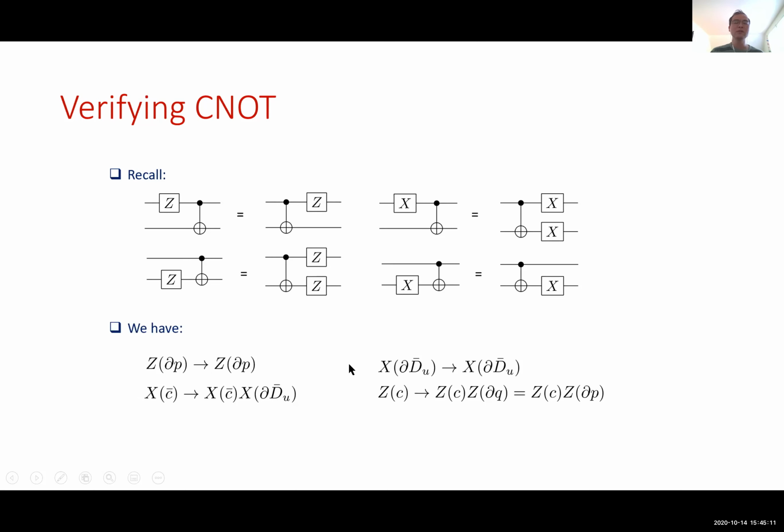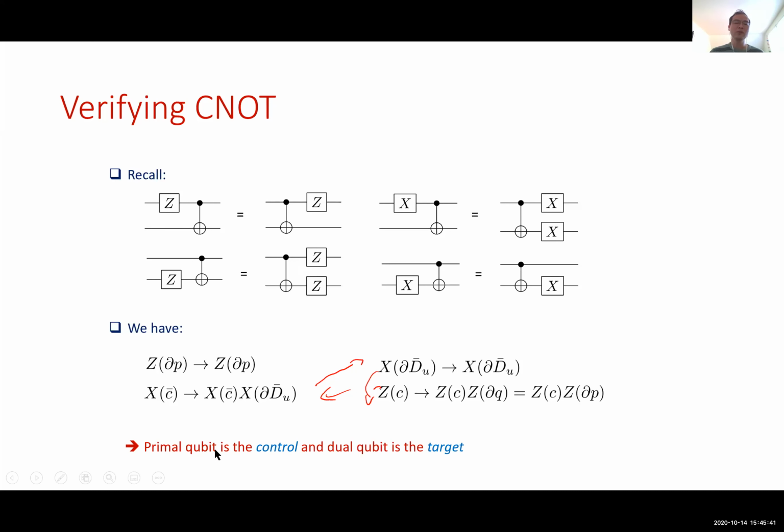Maybe it's visually better if I swap these two. I think this should be here and this should be here, in a way that matches the picture upstairs. But what we have identified is that the action of braiding on the two qubits is a controlled-NOT.